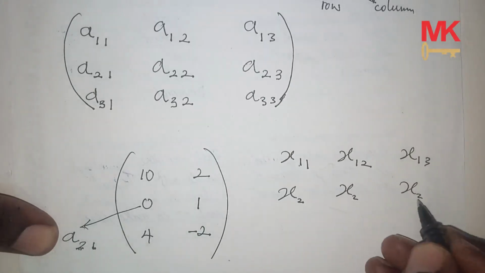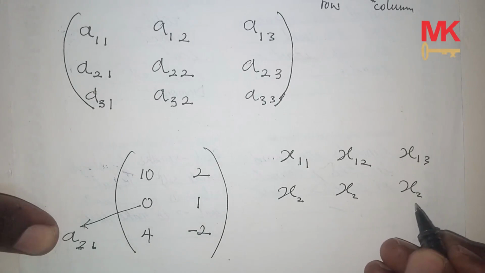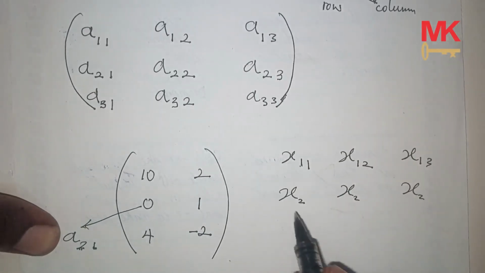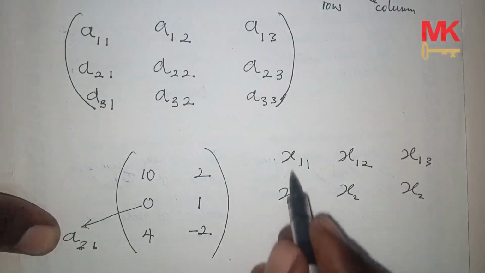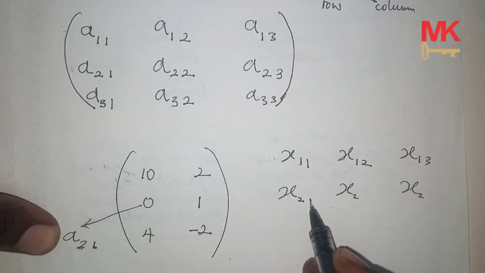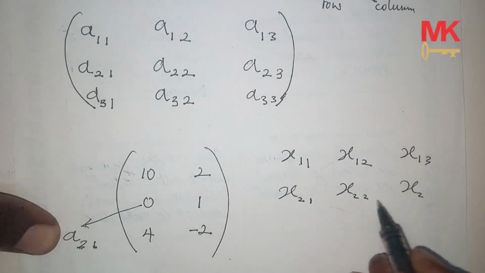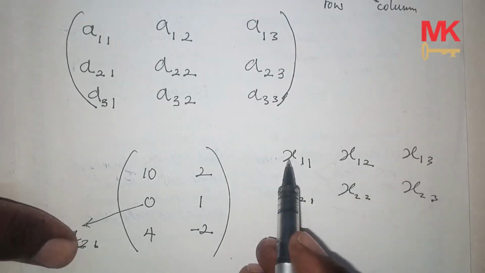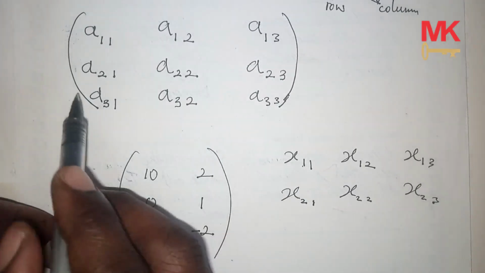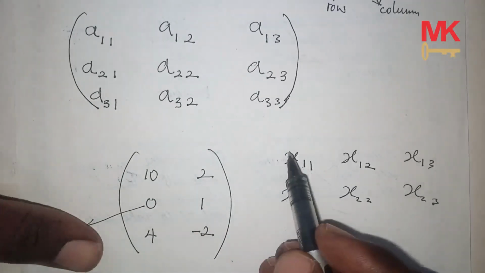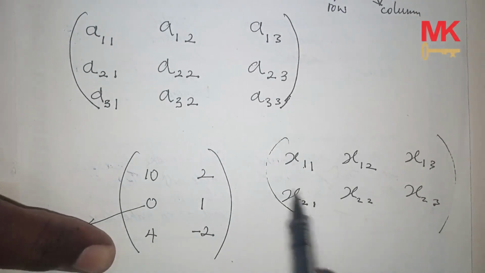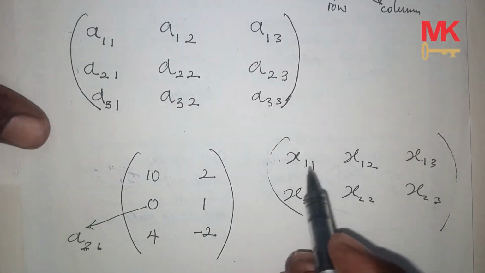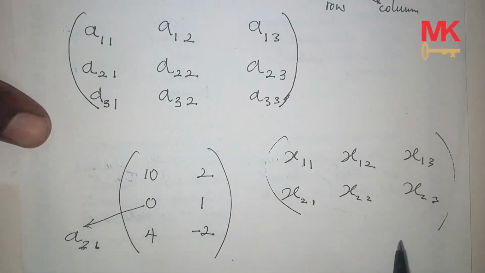The first number represents the row in which that element lies. And of course, what column is this? This is the first column. This is the second column, that's 2. This is the third column, and so on. So it doesn't matter whether we're using X or A or B or whatever we're using. That's how you represent elements of a matrix by these notations.